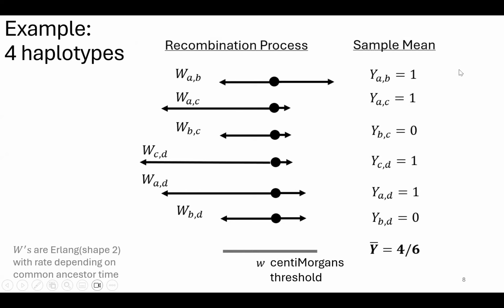And we will have our identity by descent segment indicators, the Y's, that will be either 1 or 0, depending on if the IBD segment lengths exceed this W threshold. And at the end, we're interested in the sample mean of correlated binary variables, which is the sample mean of these IBD segment indicators.